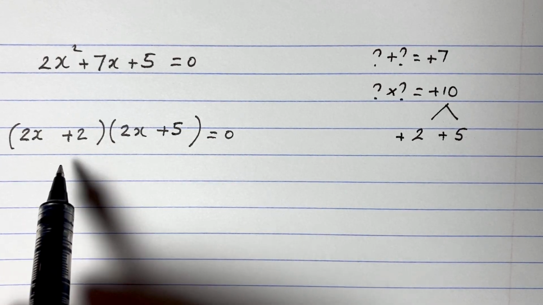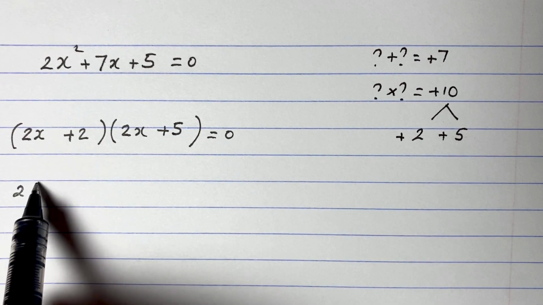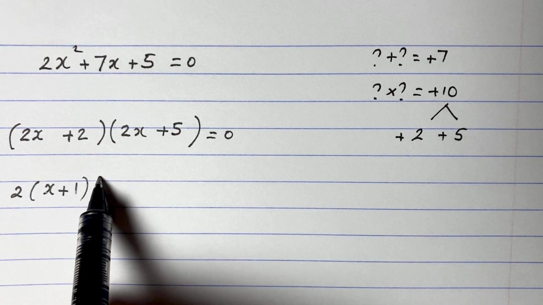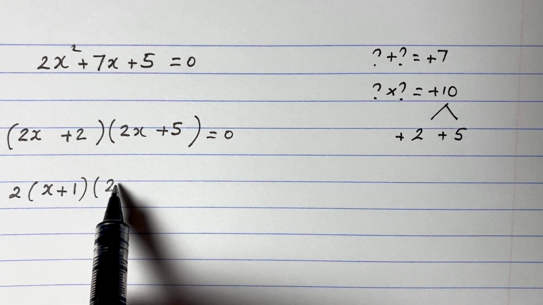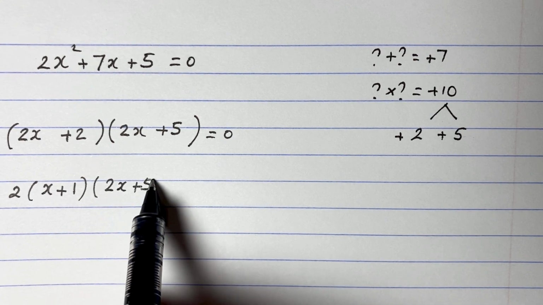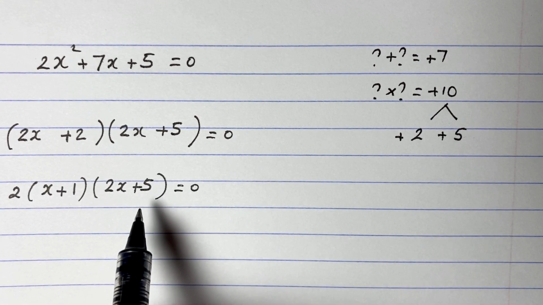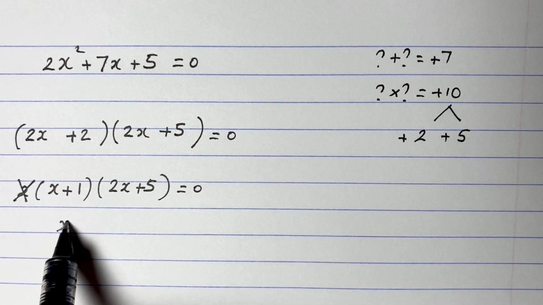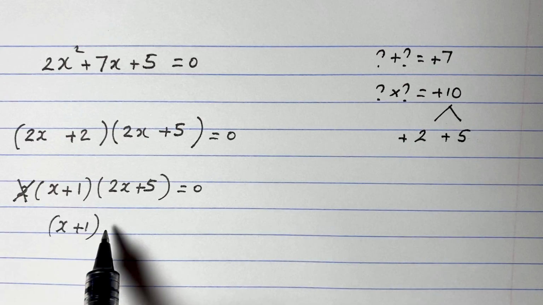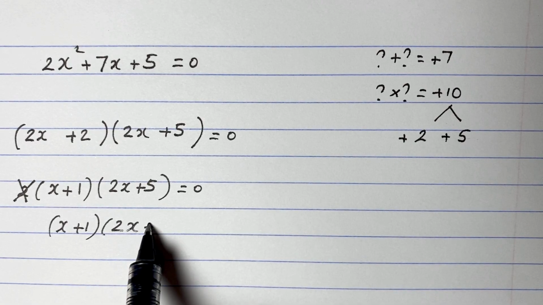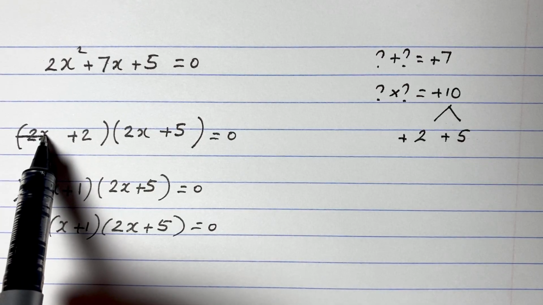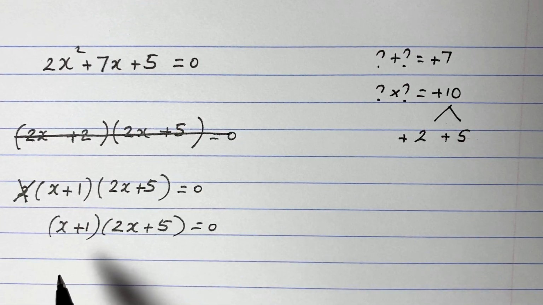We're going to correct it. First, we need to factorize a 2. Here I can't factorize anything. And I get rid of this. So this is my factorization. (x plus 1)(2x plus 5) equals 0. And now, if you remember, we get rid of the wrong line.